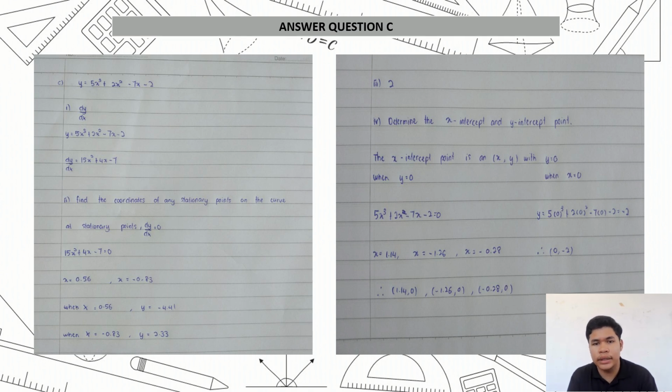When y equals 0, 5x cubed plus 2x squared minus 7x minus 2 equals 0. x equals 1.14, x equals negative 1.26, and x equals negative 0.28. And when x equals 0, y equals 5 times 0 cubed plus 2 times 0 squared.